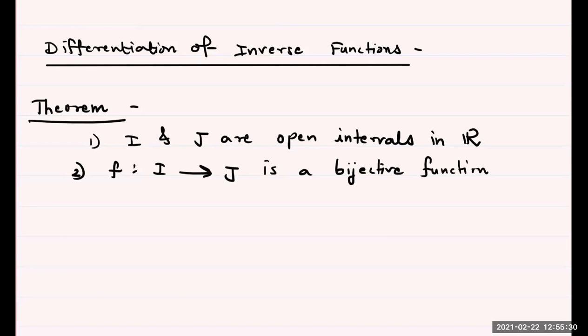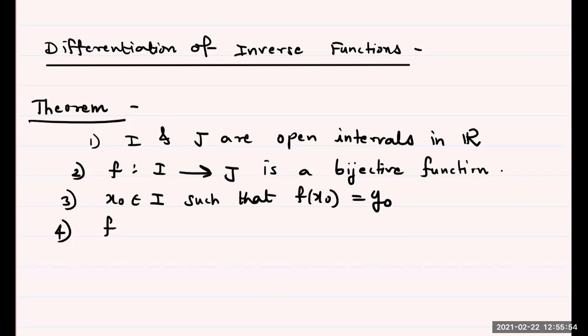Bijective function, you have studied in discrete maths. 3: x naught is in I such that f of x naught is equal to y naught.